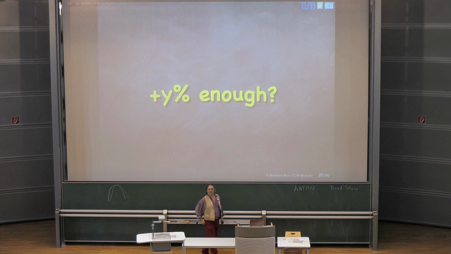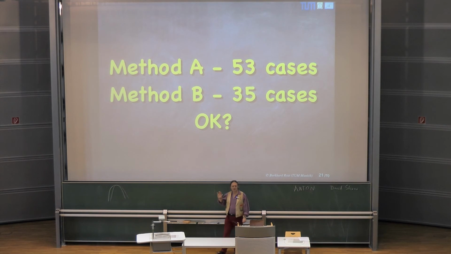But there's something else that I was sort of hiding under the rug. I said method A has 53 cases, method B has 35. Is that okay? By cases, you mean that they use 35 proteins to be built? Yeah. No, not to be built, sorry. So again, in this assumption, CASP has submitted 100 proteins, or you submitted 100 models for 100 proteins, or some subset.